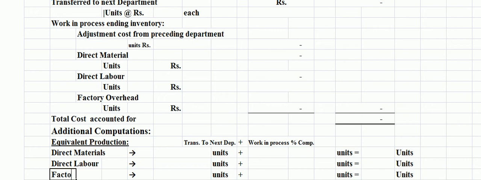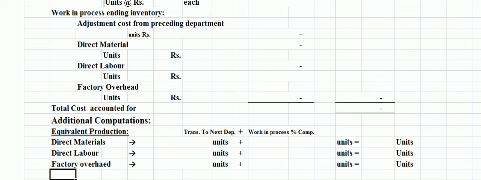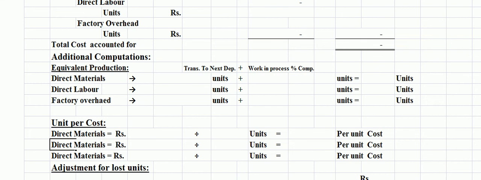Direct labor, factory overhead. Now students, units completed are 30,000, 30,000 and 30,000.